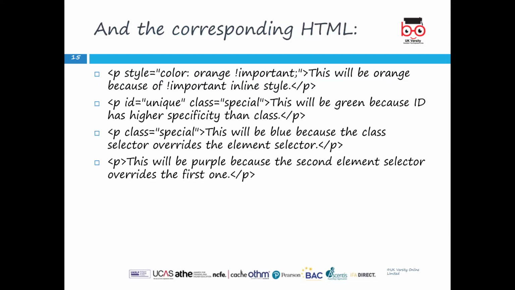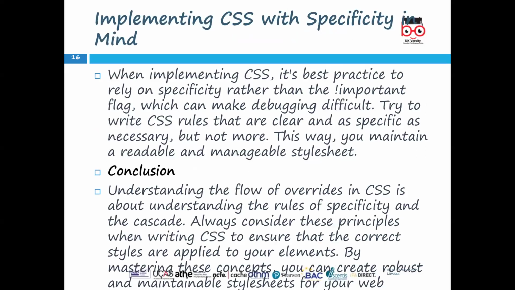This is the code that has to be added into our HTML in order for our overriding function to work properly. So in conclusion, understanding the flow of overriding in CSS is simply about understanding the rules of our selectors and the rules of specifying our cascading style sheet.